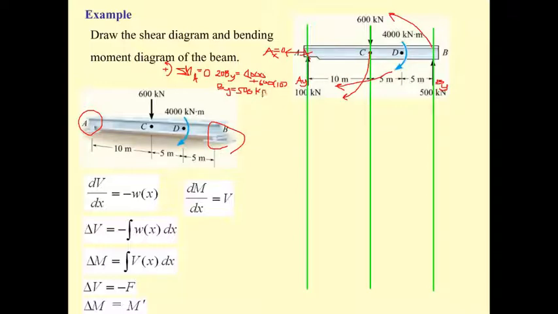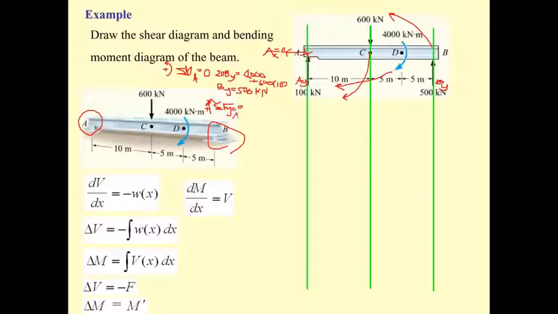And if you do the summation of F sub y equal to 0, with upward as positive, A sub y is upward and B sub y is upward.